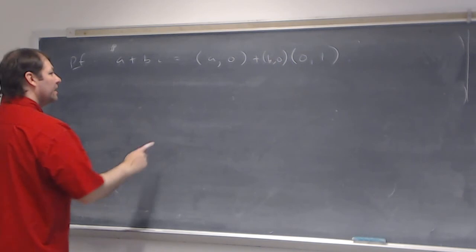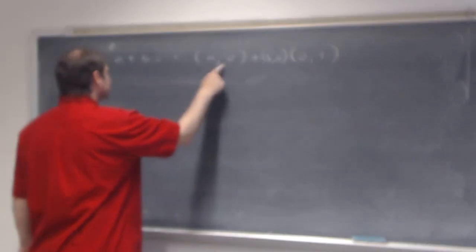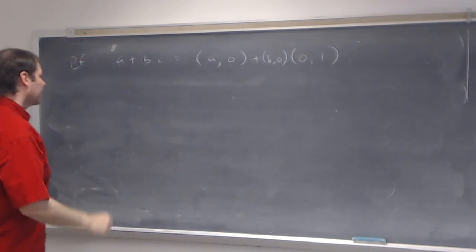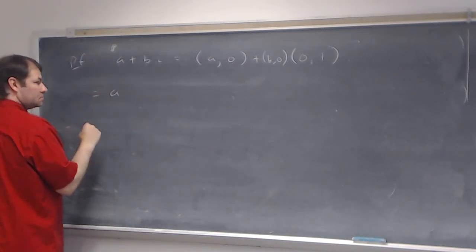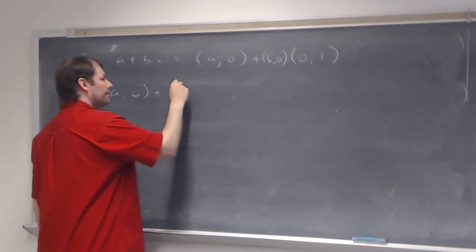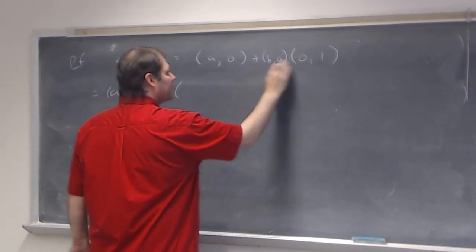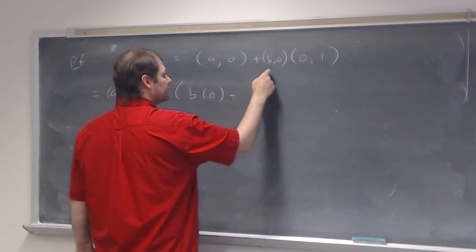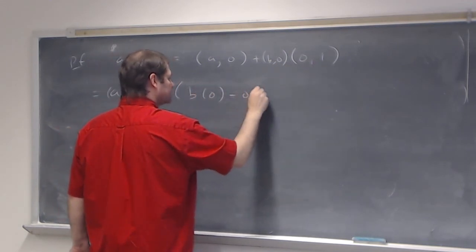All right, so here I've written down A in its complex form, written down B in its complex form, and I in its complex form. And so this is equal to A0 plus, here I'm doing multiplication, so it's B times 0 minus 0 times 1.